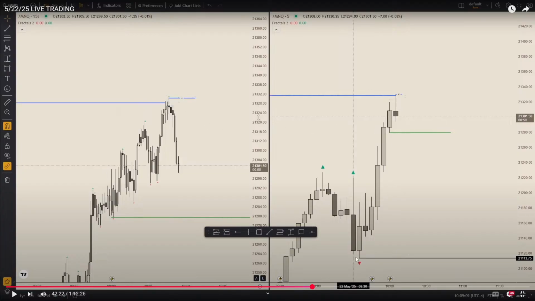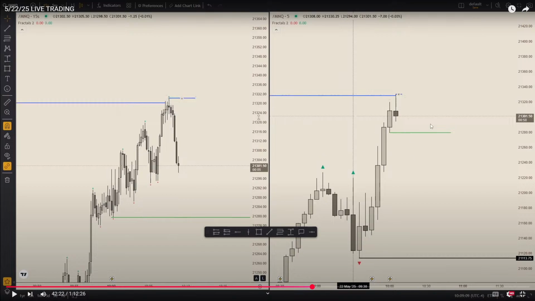Now, if you are familiar with normal ICT ideas of swing highs and swing lows as liquidity, the candle on the left has to be higher and the candle on the right has to be higher, and then vice versa. If it's a short, the high on the left has to be lower and the high on the right has to be lower.